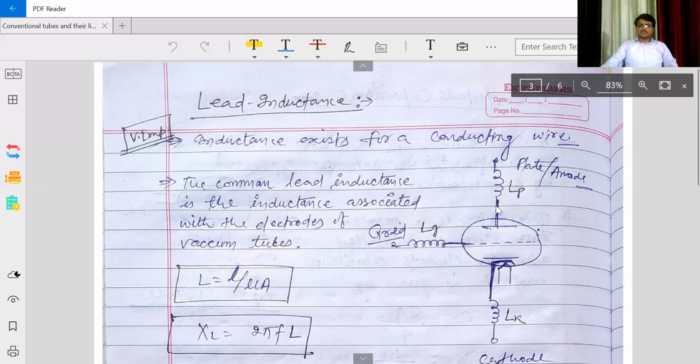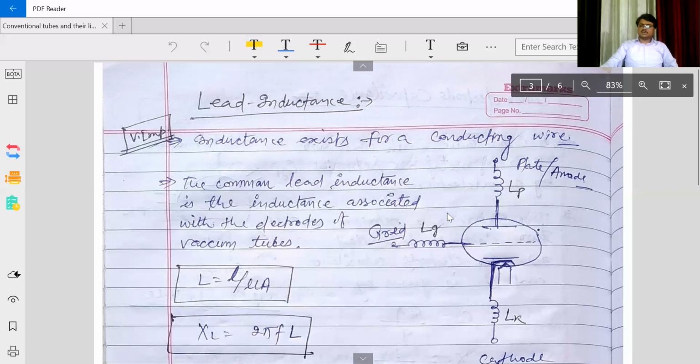All these leads will be connected from this tube with a wire, so these wires behave as an inductor.